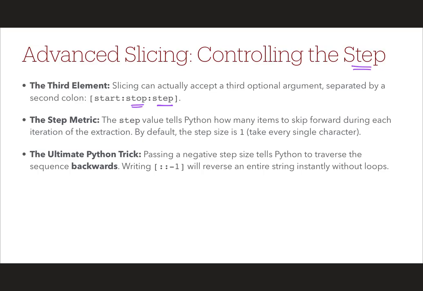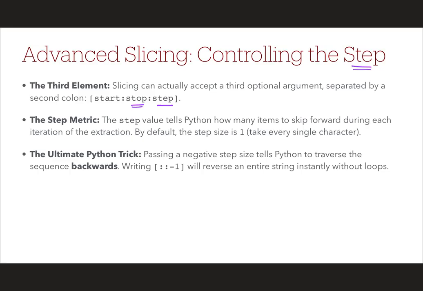A positive step size can be meaningful only when the stop value is greater than the start value. You can consider a negative step size only when the stop value is less than the start value.